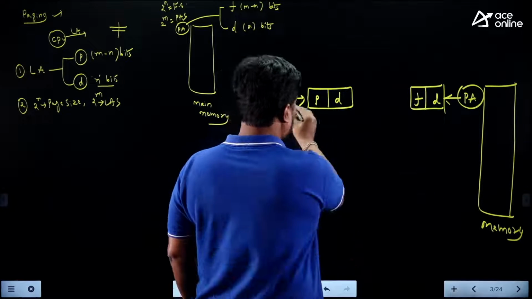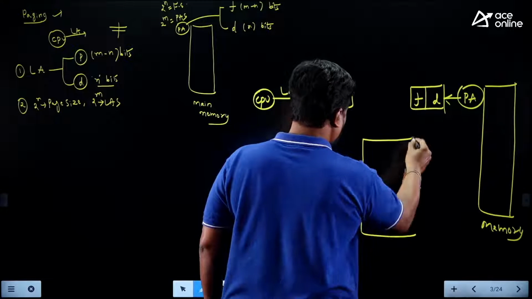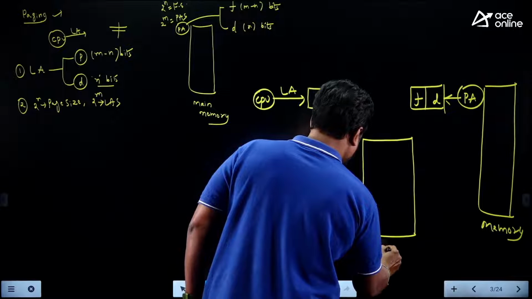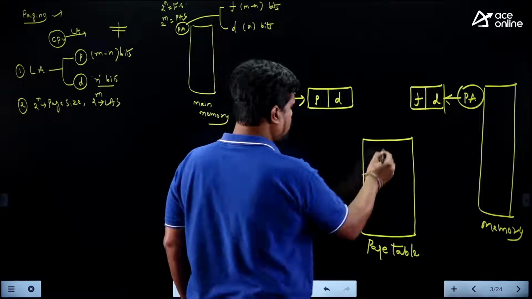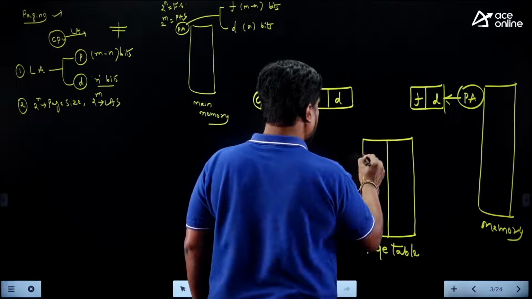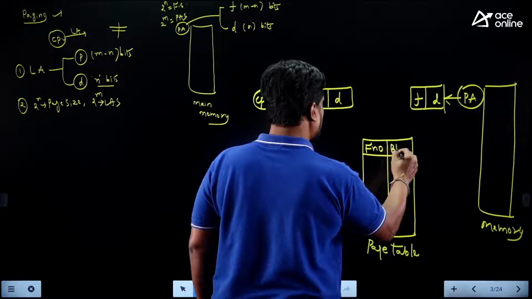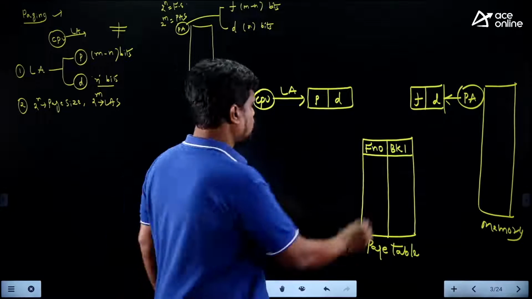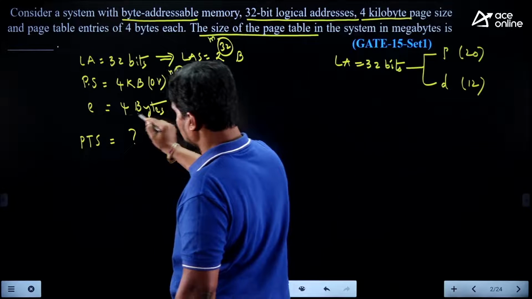To convert this logical address into a physical address, we are using a table here which is called the page table. So this is my page table. What is the format of this page table entry? Frame number and bookkeeping information. The page table entry format is given already in the question. So what is the page table entry size? 4 bytes.